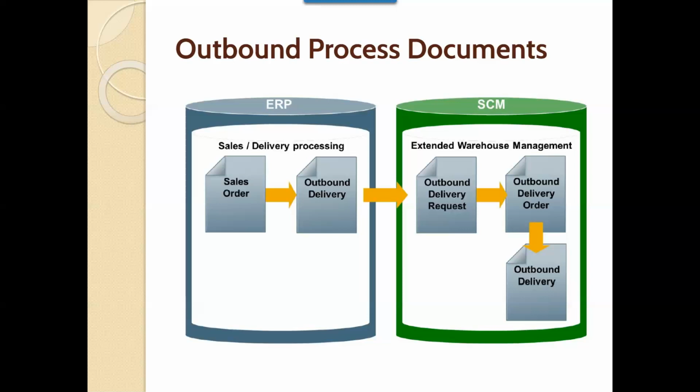You may know that a 601 movement will happen in the background. That happens for sales-process-related outbound deliveries. This is how the outbound delivery process happens.